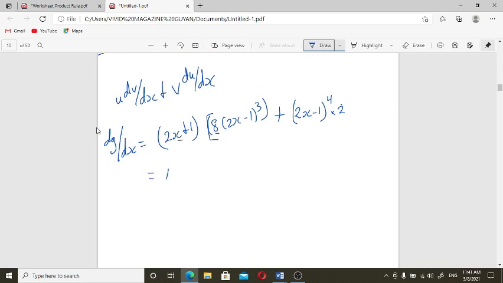So 8 times 2 is 16x plus 8 of 2x minus 1 cubed plus 2x minus 1 to the 4th. I'm just putting the 2 in front. As per normal, you take out one of the brackets with the lowest power. Boom.